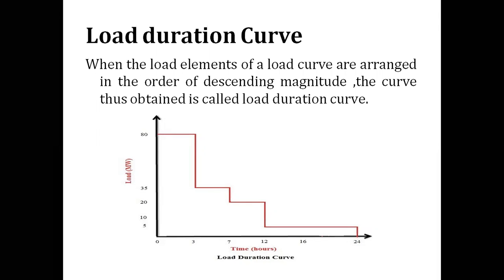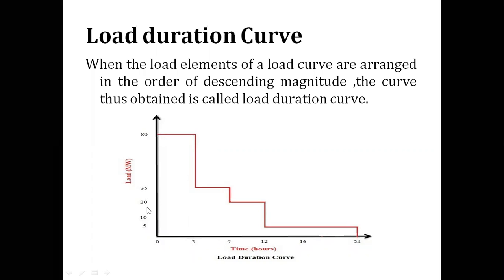So you see on the x-axis you have time, 0 to 3, that is 12 midnight to 3. After that you have 3 to 7, 7 to 12, 12 to 16, 16 to 24, and on the y-axis you have 5, 10, 20, 35. From 0 to 3 there is a peak load, and that peak load will be 80. After 3 to 7 the load starts decreasing, the load will become 35.